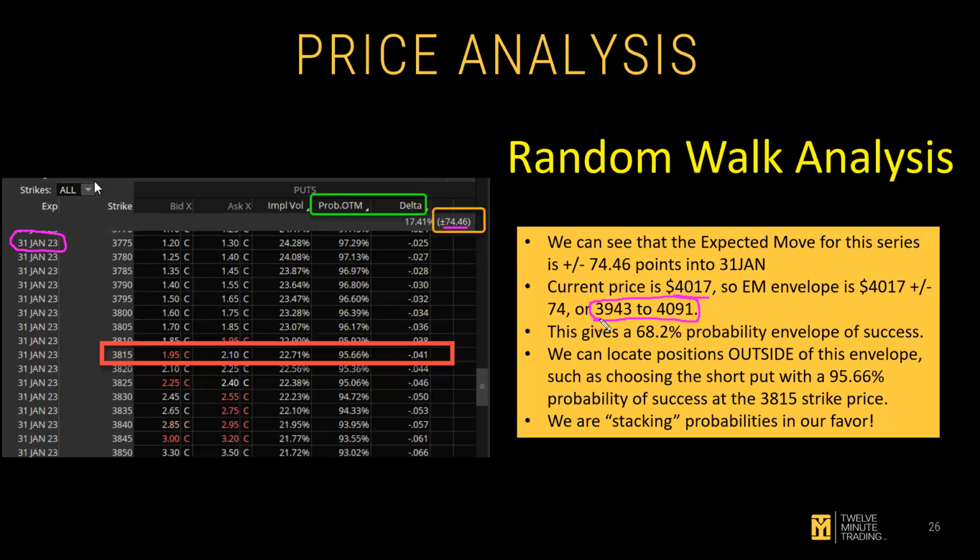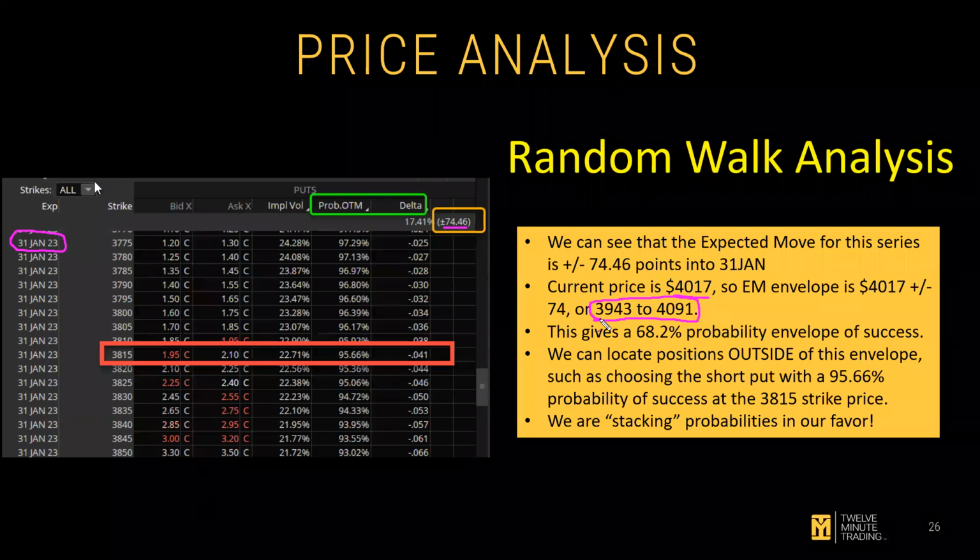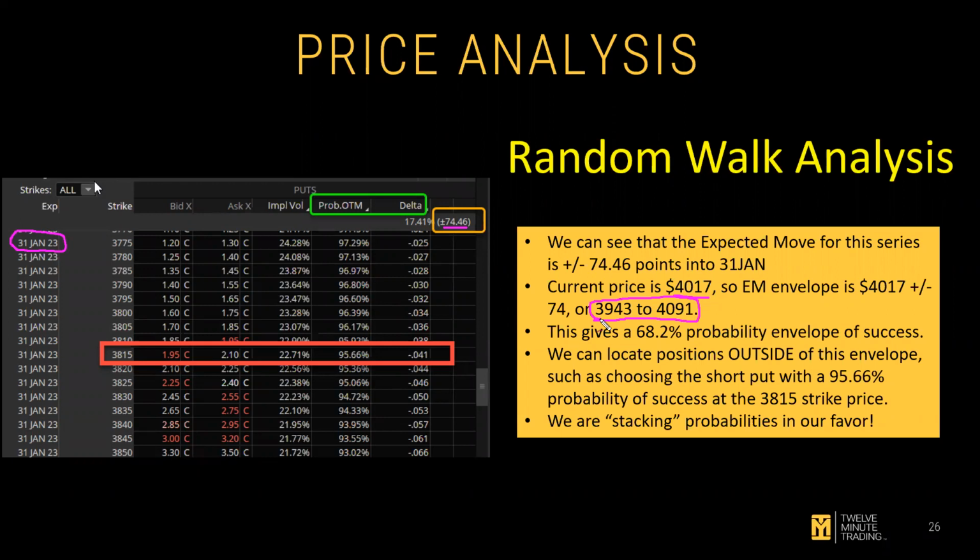So this provides structure. For those of you that are only using charting or indicators, things like that, this is extremely powerful to provide this sort of consistent approach towards the market every single day. Using those deltas, using those standard deviations, and understanding the probability behind what it is that you're accomplishing.